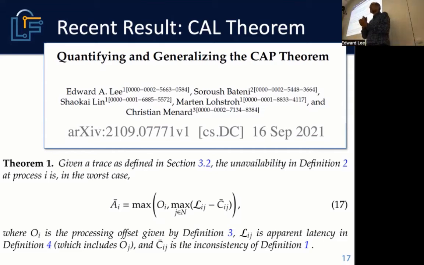Because of the CAP theorem, if the network breaks, you have to give up one of consistency or availability. So suppose that you can't put a hard bound of 30 milliseconds on the network latency. Then this theorem tells you how much consistency you have to give up, given some network properties, in order to achieve that availability.